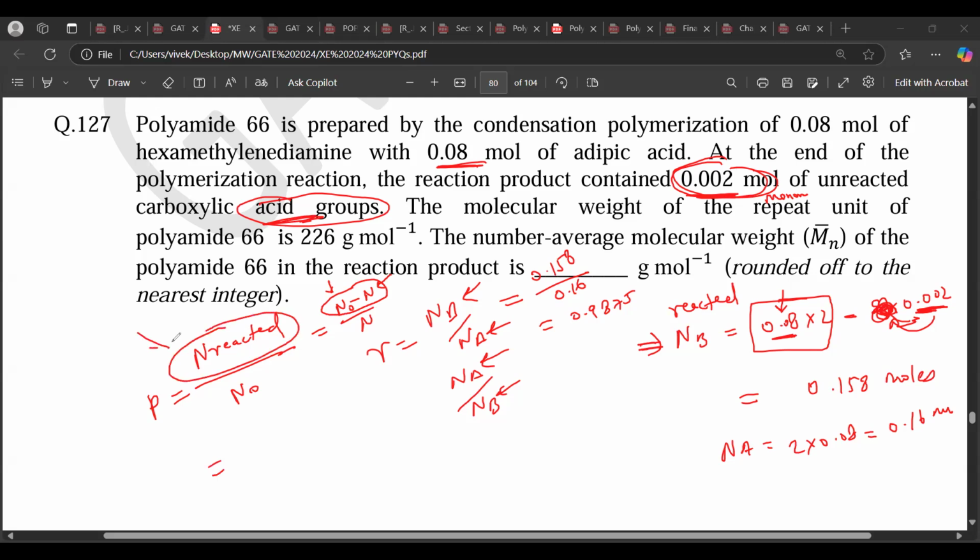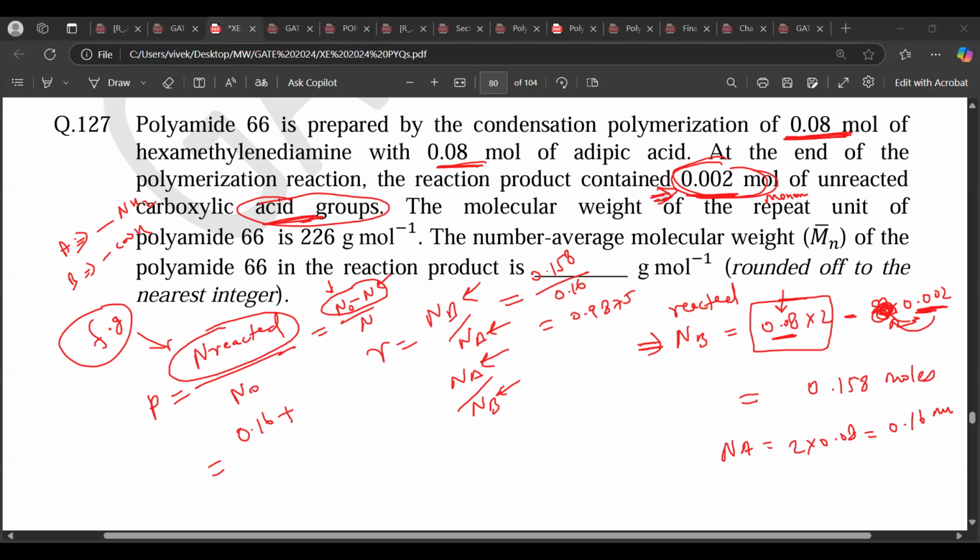Functional groups. So in case of my HMDA, everything is reacted, right? So 0.08 into 2, that is 0.16 functional groups, not the mer. 0.16 from A, that is my NH2. And my B is COOH. How many reacted? So this is remaining, right?